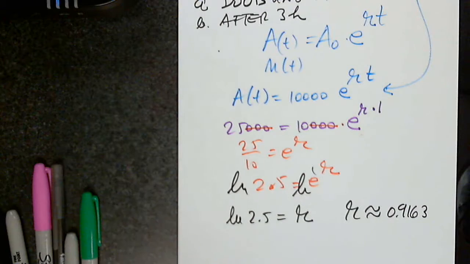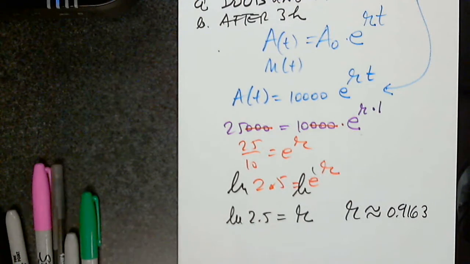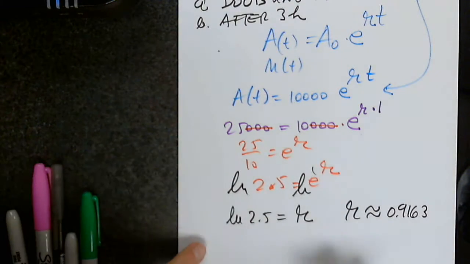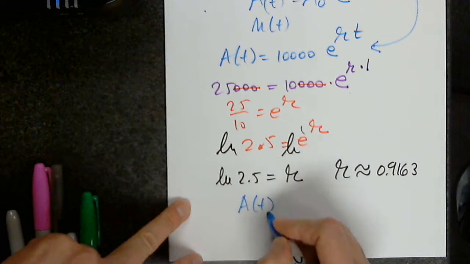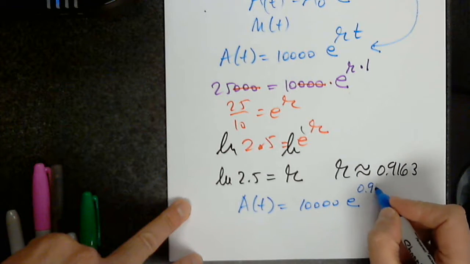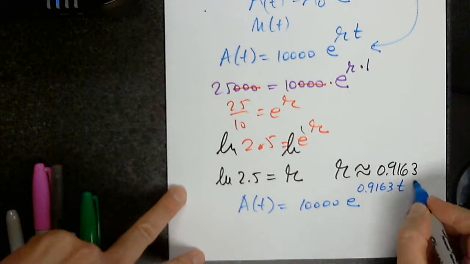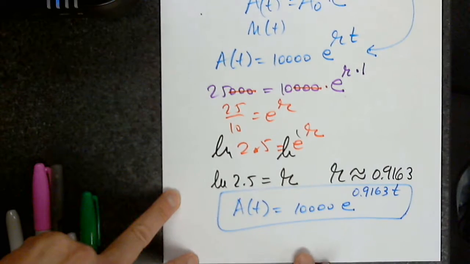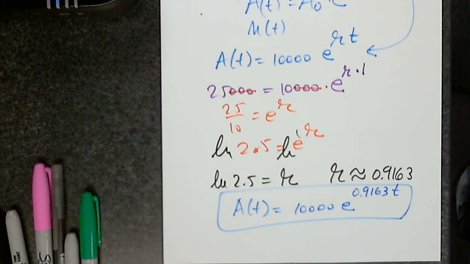So then I go back and I have the entire model. So A of T equals 10,000 times e to 0.9163 T. Now I have 2 questions to answer. One question is, find the doubling time.